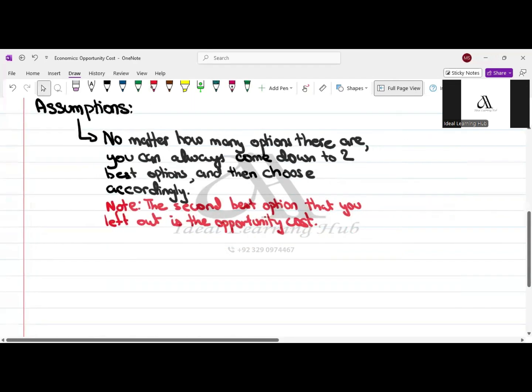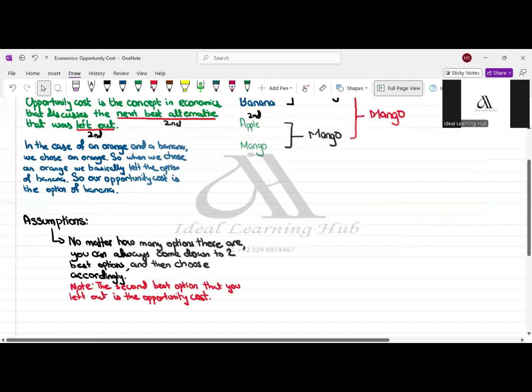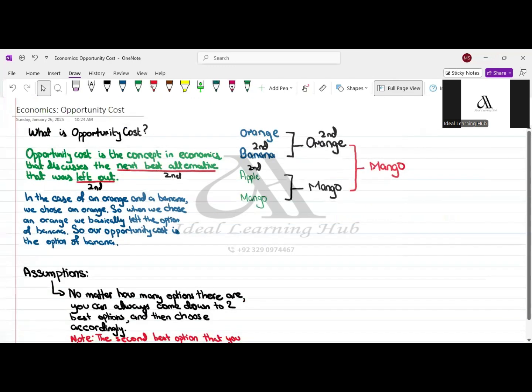So this wraps up the concept of opportunity cost. This discusses the overall concept of opportunity cost.